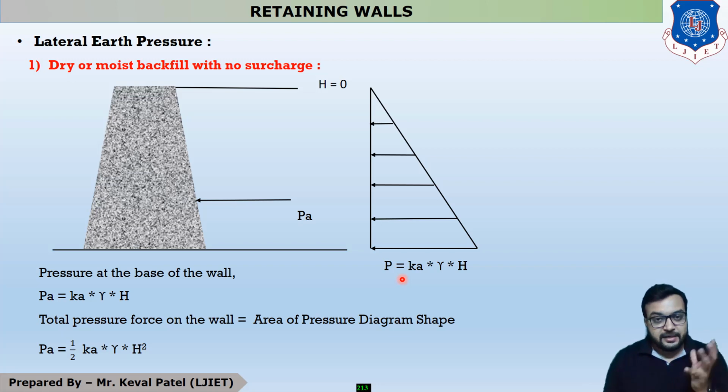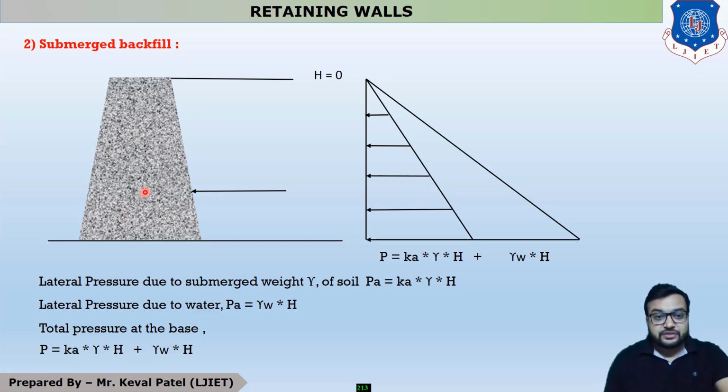The area of a triangle is 1/2 base into altitude. The 1/2 is constant, your base is Ka into gamma into H, and your altitude is capital H. So your answer for force is 1/2 into Ka into gamma into H square. This is your first case: dry or moist backfill having no surcharge.